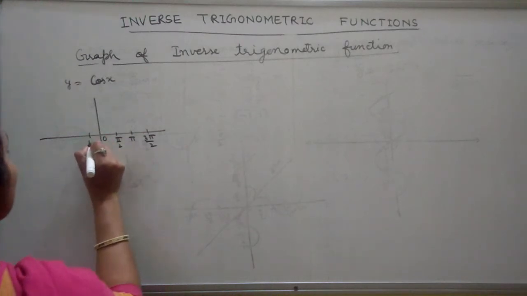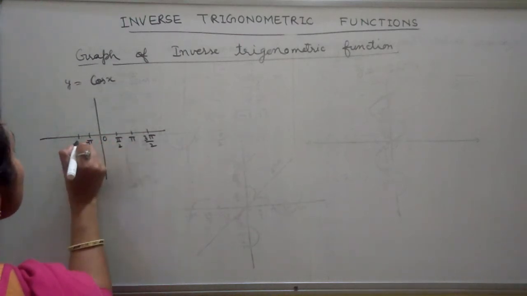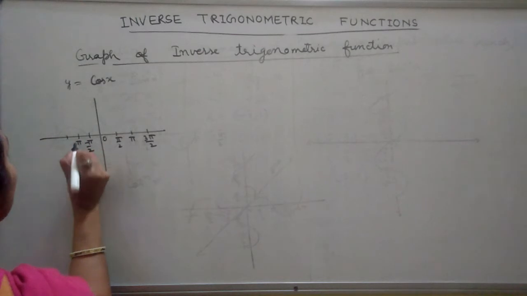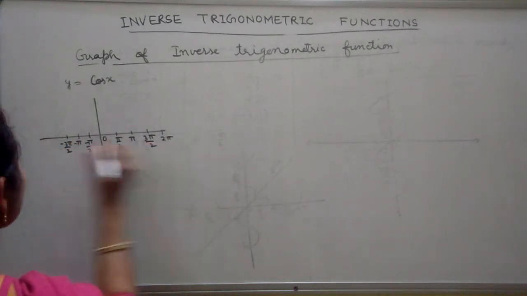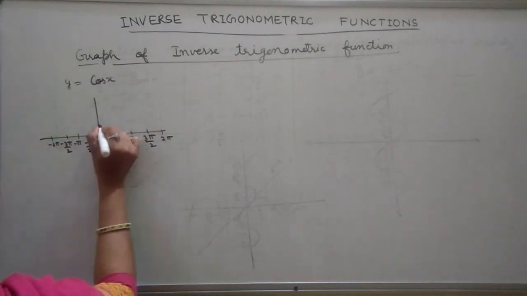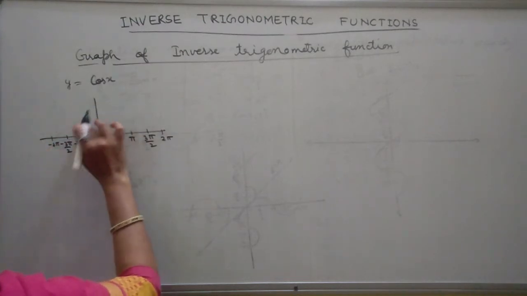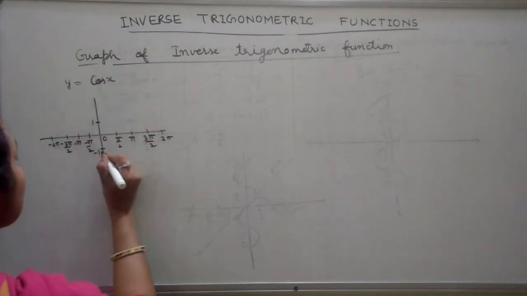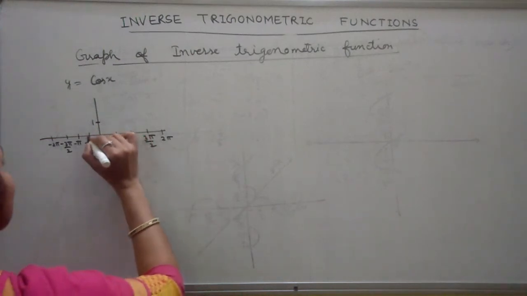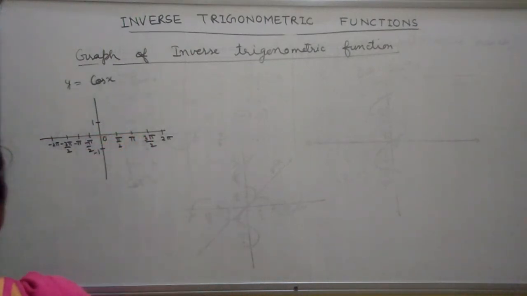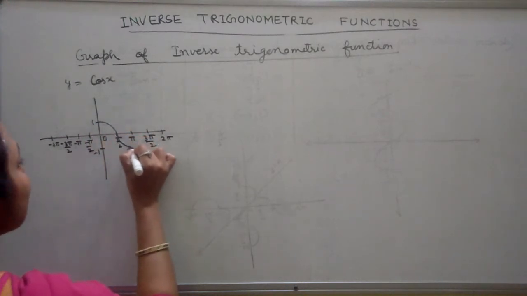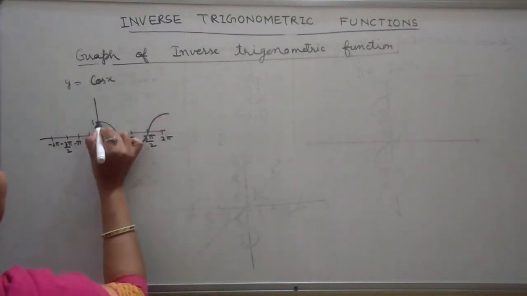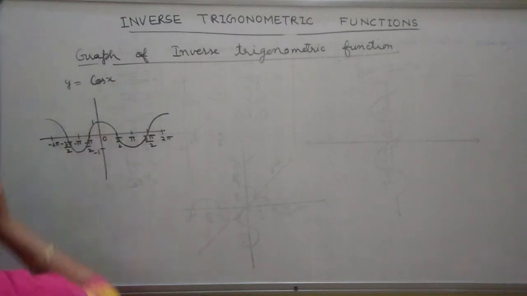Take it as minus pi by 2, this is pi, negative pi, minus 3 pi by 2, and this is negative 2 pi. Minus 1, then 1, and minus 1, right? So in this interval we have to take the values. This is 1, then so on.